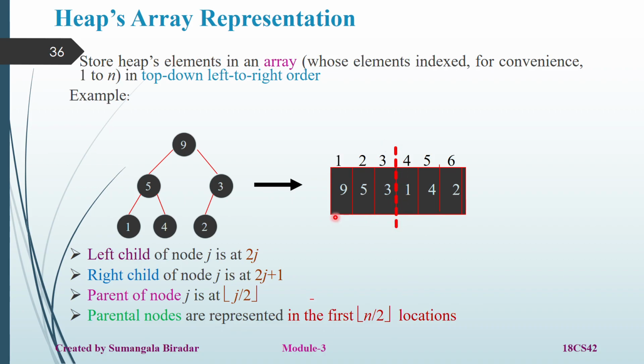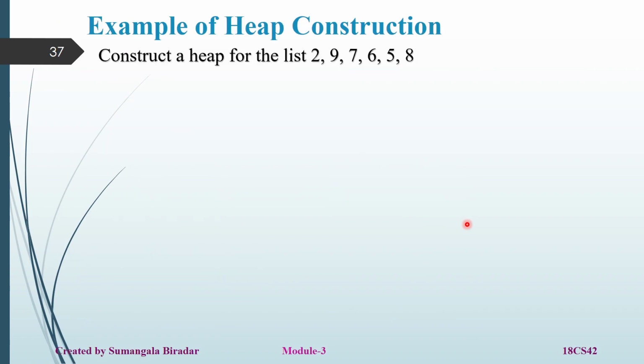The first half contains parental nodes and the second half contains child nodes. See here, 9 is a parent node, 5 is a parent node and 3 is also a parent node. That's why in the first half you have the parental nodes 9, 5, 3, and 1, 4, 2 are child nodes, which are represented in the second half here. Okay, so this is how you represent heaps using arrays here.